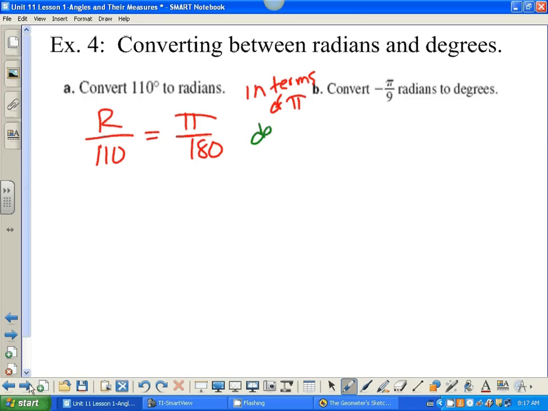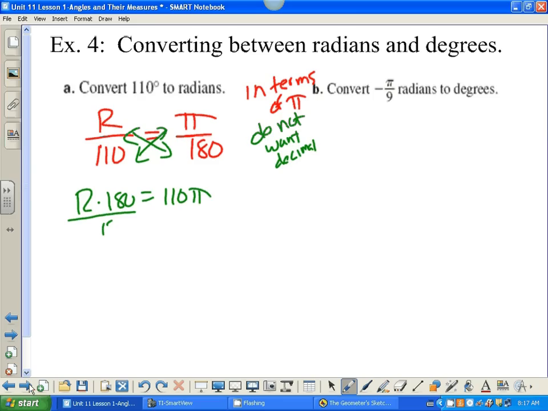I do not want decimals. I want your answer to have pi in it as a final answer. So if I cross multiply, I have the radian measure times 180 is equal to 110 times pi. I'm going to divide by 180.